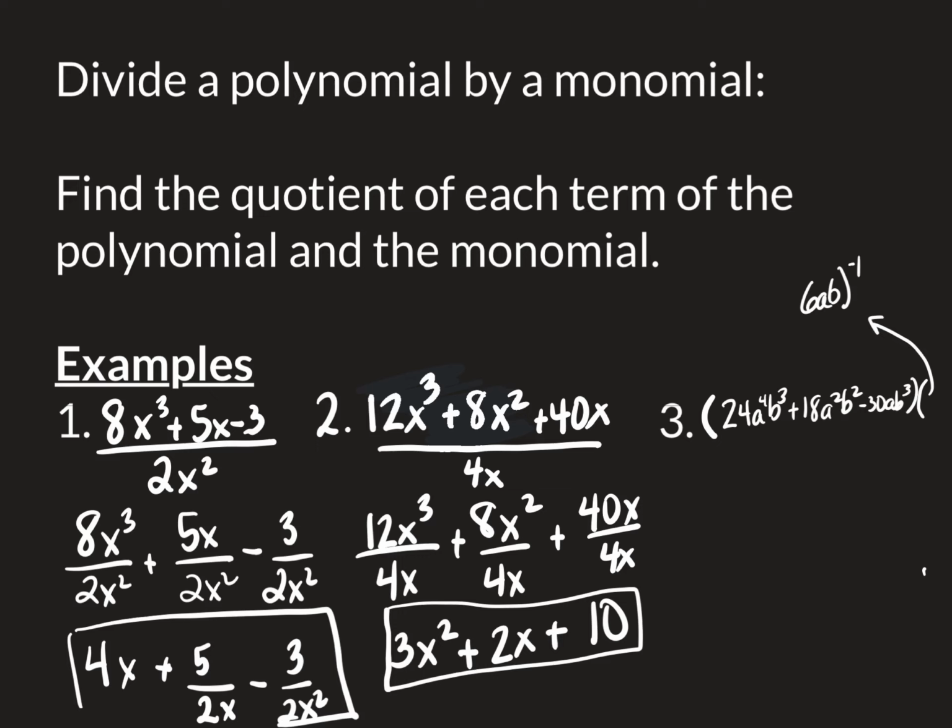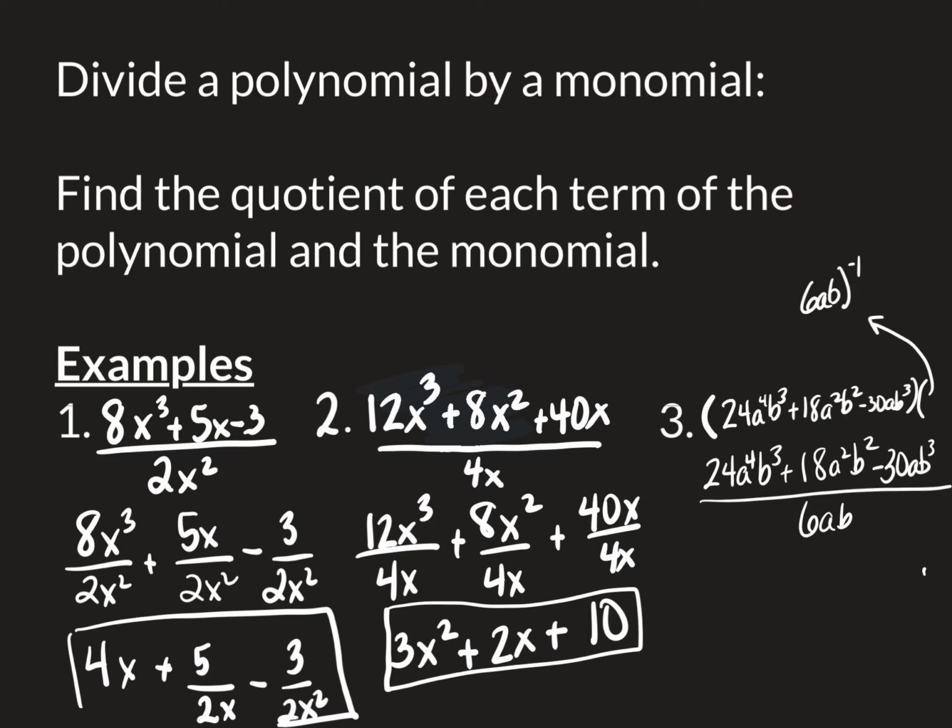But I thought we were dividing. Well, remember, when you have a negative exponent, this negative exponent would move to the denominator, so I'm going to rewrite that. This is going to be 24a to the 4th, b to the 3rd, plus 18a to the 2nd, b to the 2nd, minus 30a times b to the 3rd, divided by 6ab.